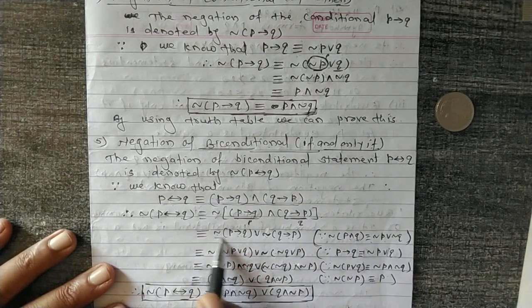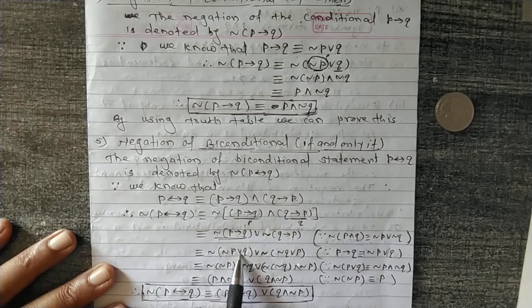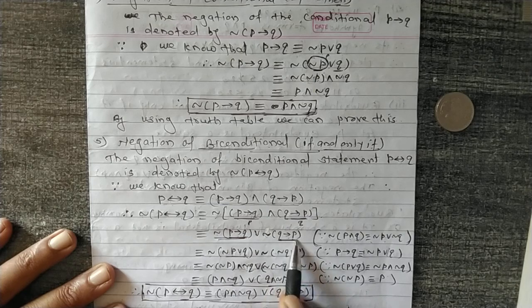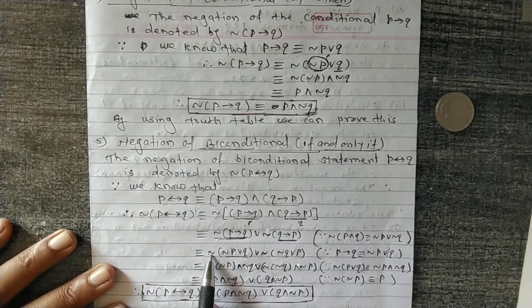Now again we can prove negation of P conditional Q. Therefore it can be written as negation of negation P disjunction Q, or P conditional Q. It can be written as negation P disjunction Q. Similarly Q conditional P can be written as negation Q disjunction P. Therefore we can write negation of negation as it is.